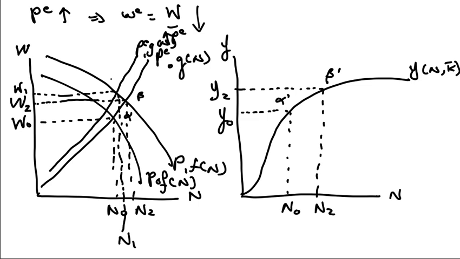And the last point of equilibrium in the labor market is given by C. Because employment has reduced from N2 to N1, in the production function curve, we have N1 here. And then we can see clearly output is reduced from Y2 to Y1. First, it increases and then it decreases. So this one, call it C prime.